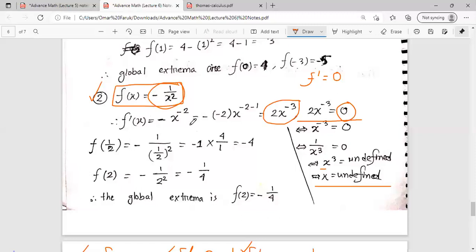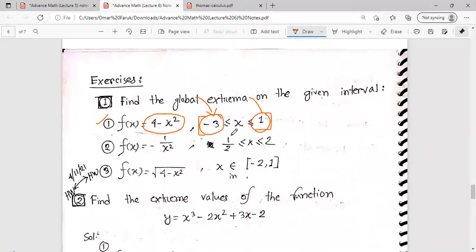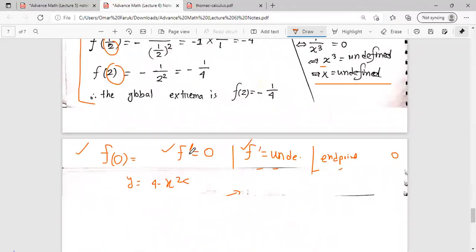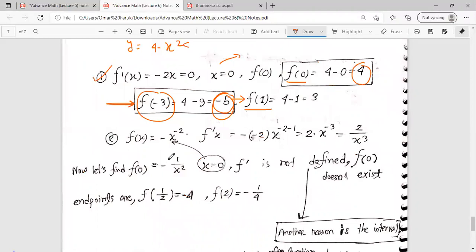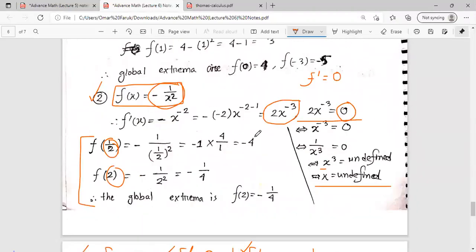So now we have to find the endpoint values. The endpoint values are half and 2, look at the question here. So you find f of half and f of 2. It will make minus 4 and minus 1/4.